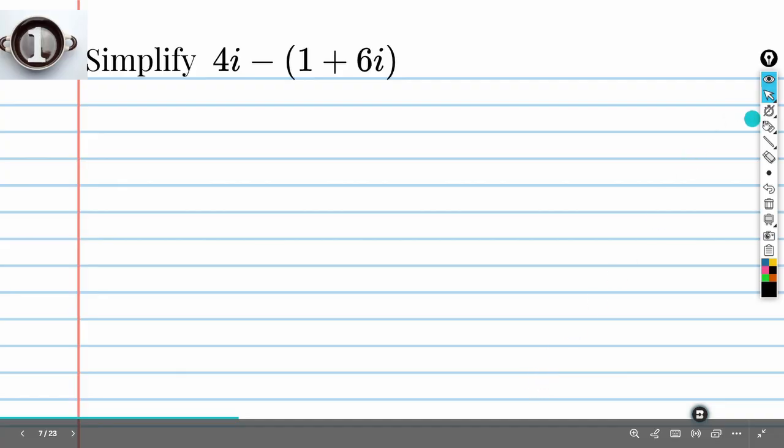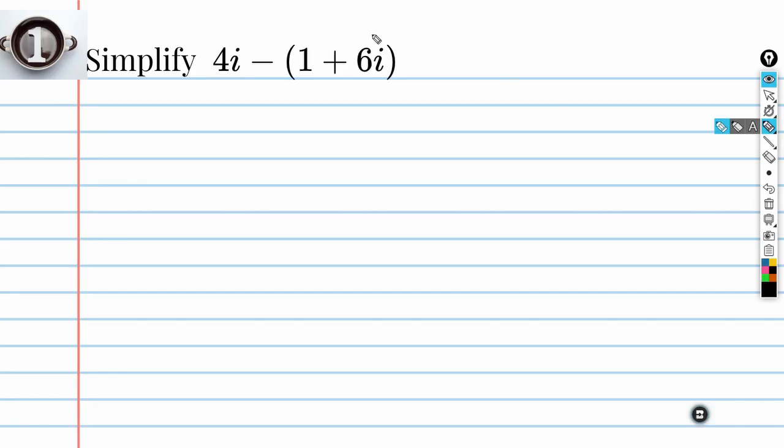So let's look at simplifying. When we simplify, we're going to distribute that negative through to both pieces of the second parenthesis. And so you have 4i minus 1 minus 6i. So our real part is this negative 1, so I'm going to list it first.